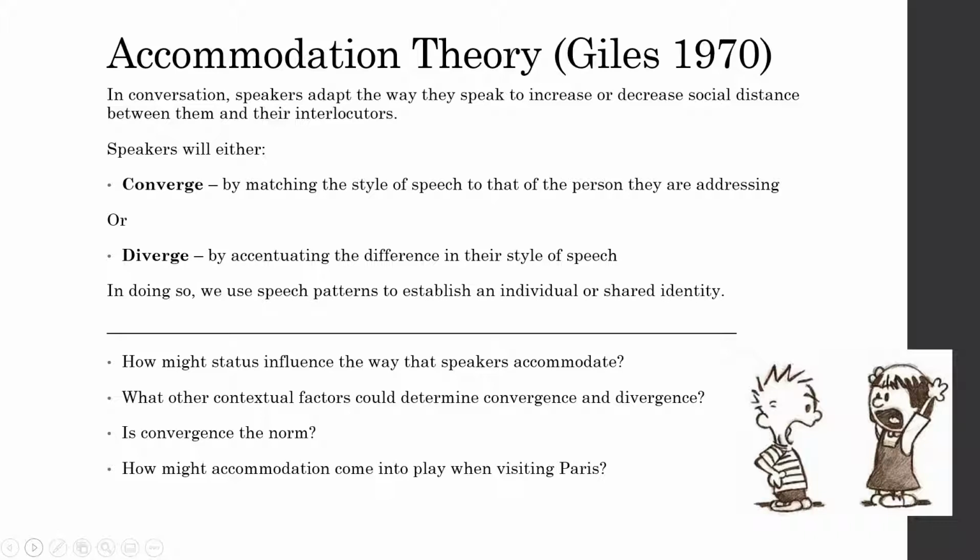So there's an extent to which it might be thought that we always try and preserve our own identity by diverging to an extent. And also, finally, of course, that question we can ask, how would accommodation come into play when visiting Paris? If you were a tourist in Paris, how would you perhaps change the language that you used to communicate with Parisians or with people around you?